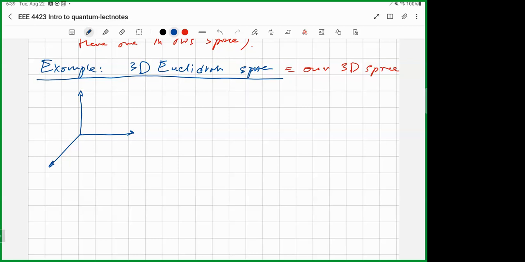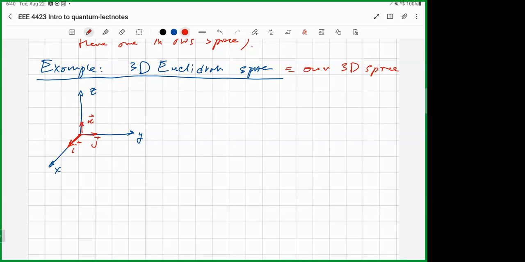Traditionally, we name them X, Y, and Z, right? For these directions, we usually put these orts like i, j, k, or v1, v2, v3.